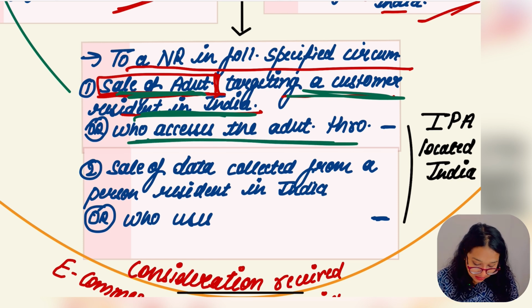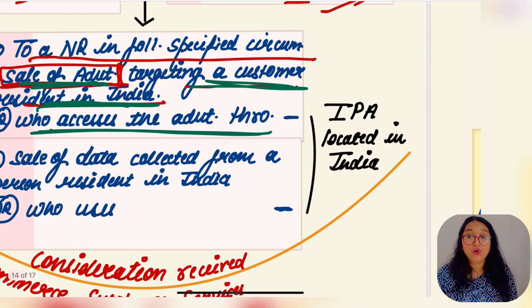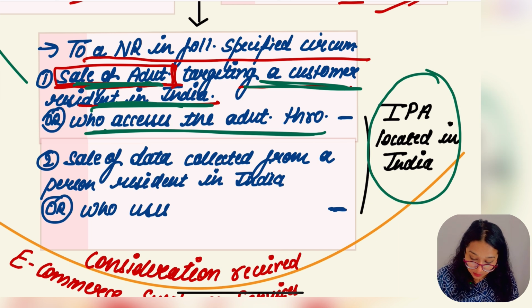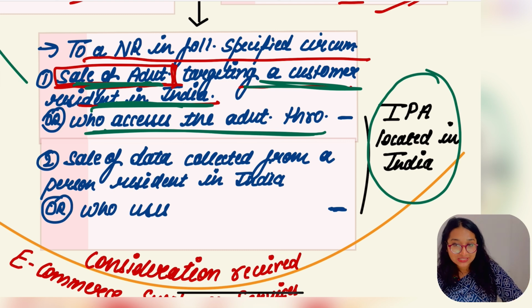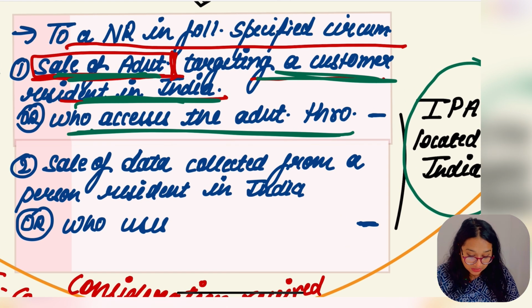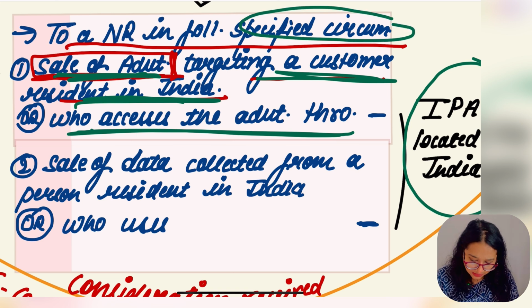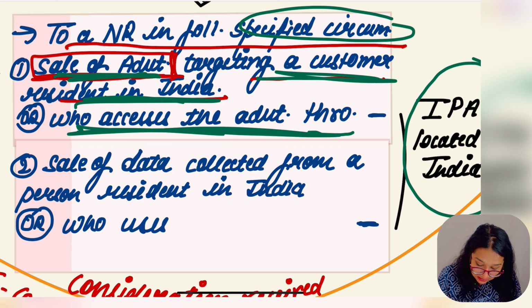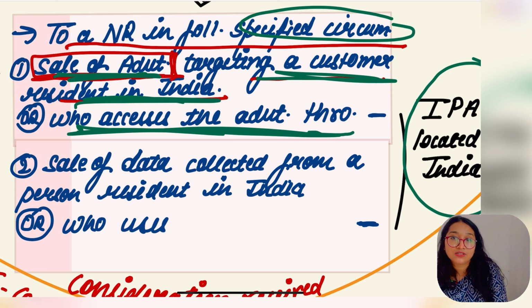Second, sale of advertisement that is accessed through an IP address located in India. Again, the e-commerce operator is providing service to whom? To the NR, in the specified circumstances. They are sale of advertisement targeting the consumer of India, and second, sale of data.